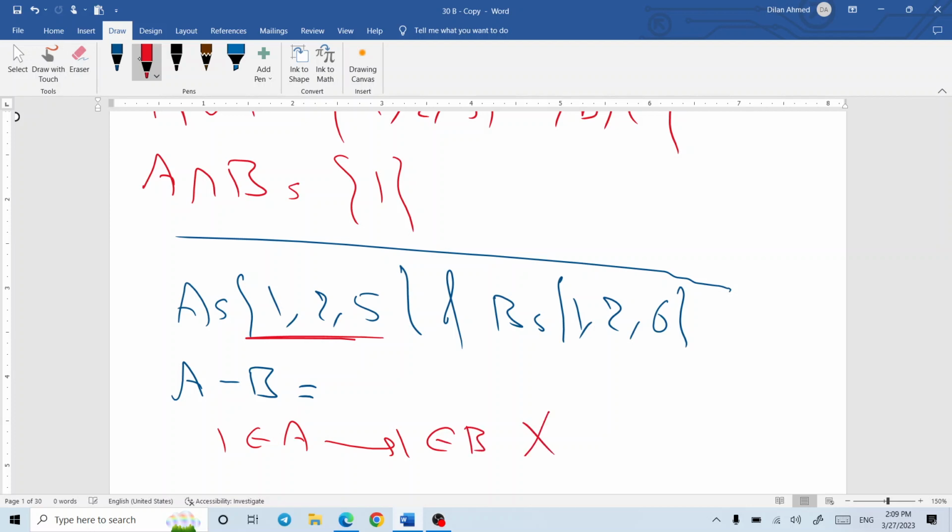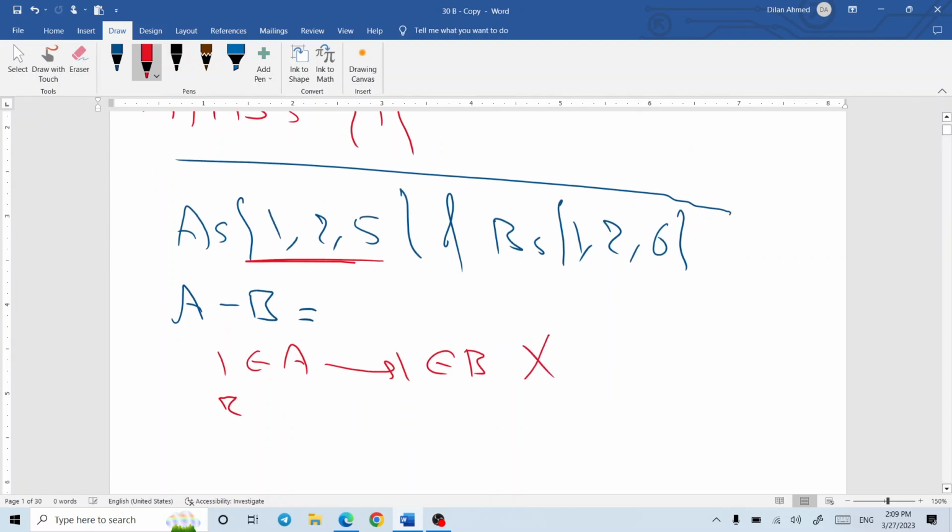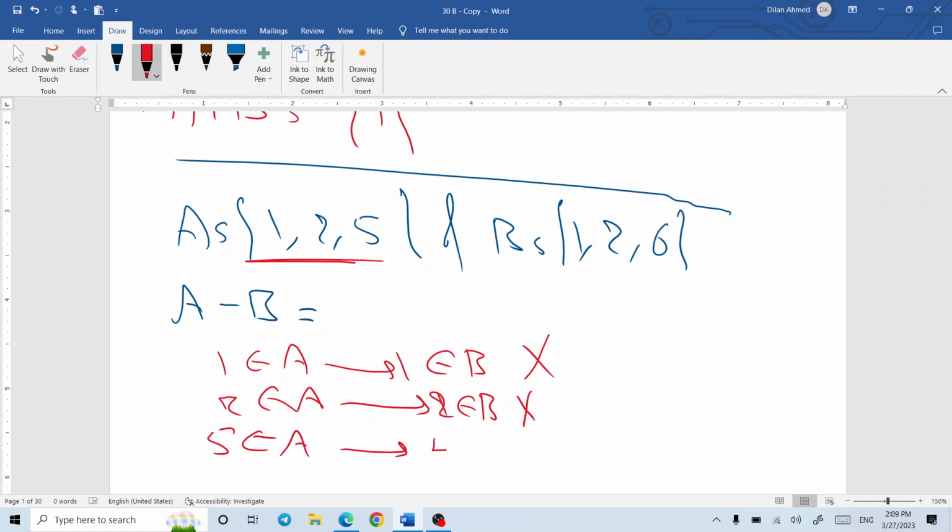It belongs, so it's not in the difference. Does 2 belong to B or not? It belongs. And 5 belongs to A; I check whether 5 belongs to B or not. It doesn't, so I'm going to put 5 here.